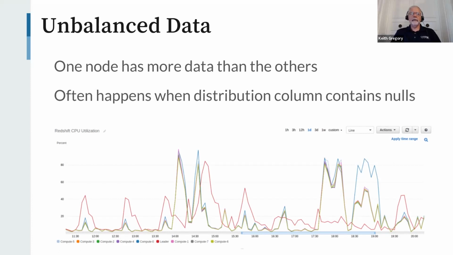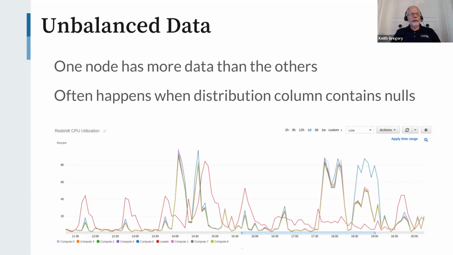Well, compute node 0 is where the nulls end up. And this particular query, which took approximately 45 minutes to run, did not restrict its join to cases where user ID was not null. So compute 0 spent twice as much time as everything else processing its results.